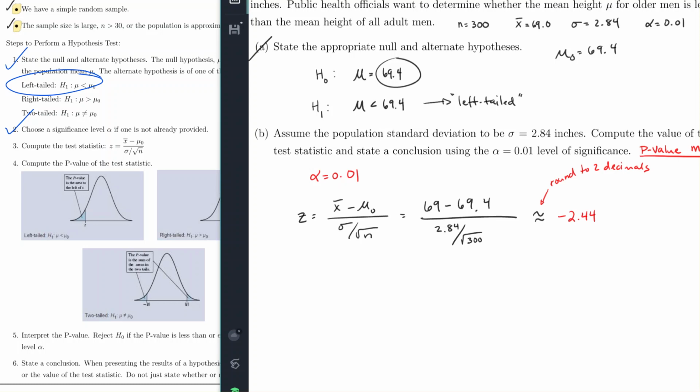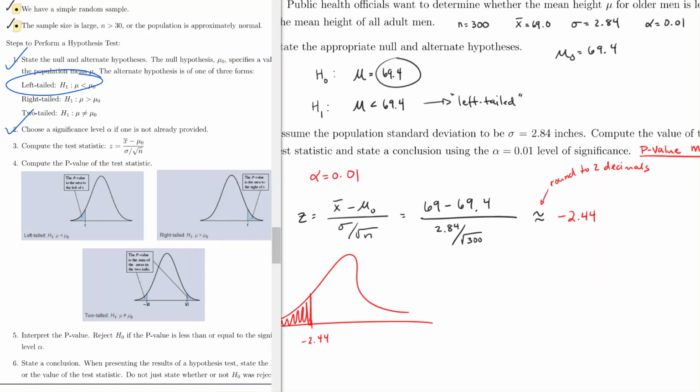Now I know this is a left-tailed test, so I'm just going to draw a quick picture to help me visualize as I find my p-value. I've got my value before the peak of the curve, and I know the p-value is this area to the left. Now that's exactly what the chart would tell me.